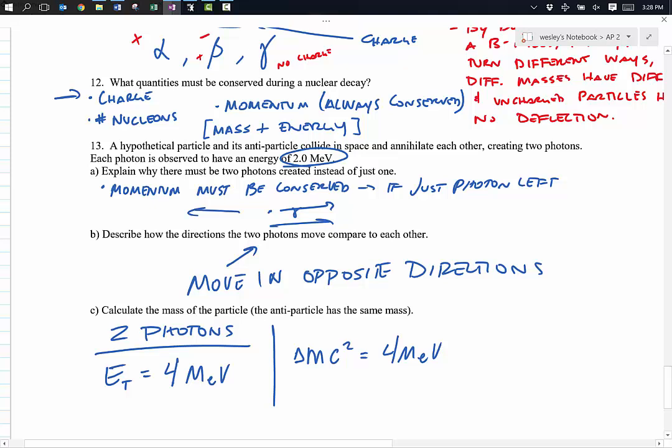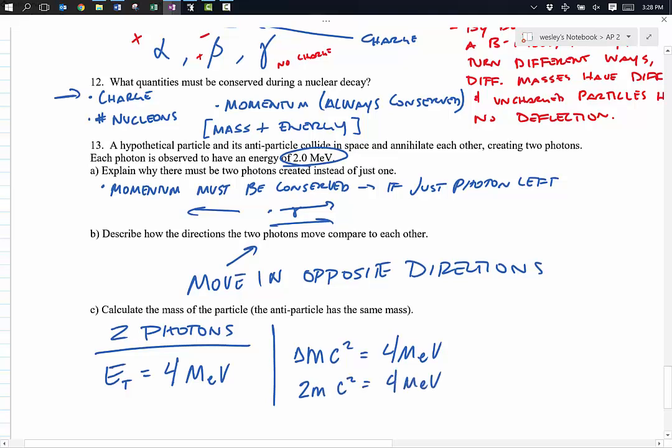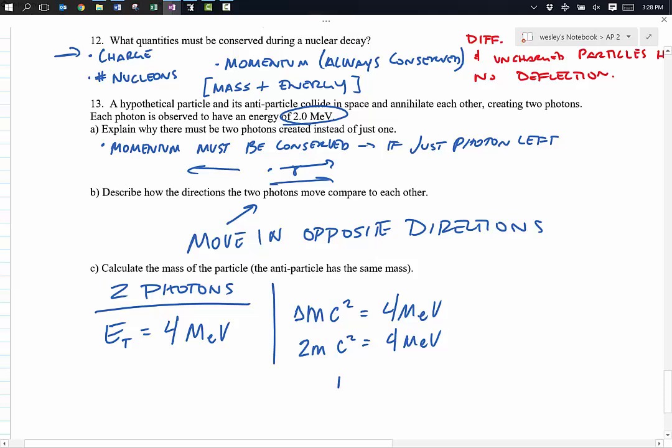But there are 2 particles, right? So twice the mass times c squared is 4 mega electron volts. If they're identical except for their charge, they have the same mass. So the mass is 2 mega electron volts divided by c squared.